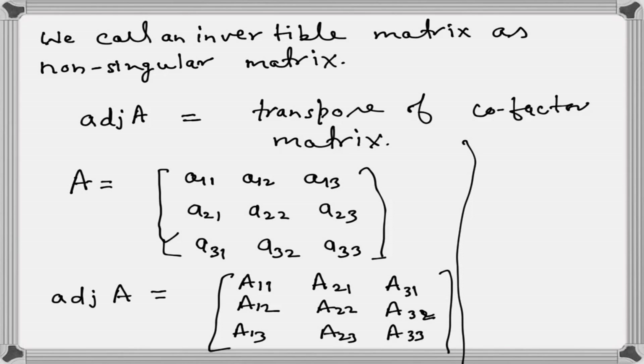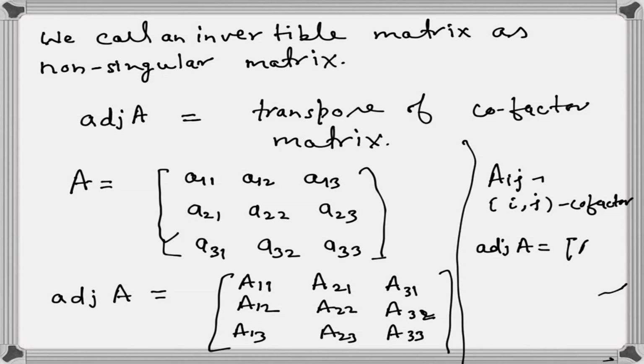So where these Aij's, this is the ij cofactor. Okay, and so adjoint A is nothing but this cofactor matrix, and you just take its transpose.